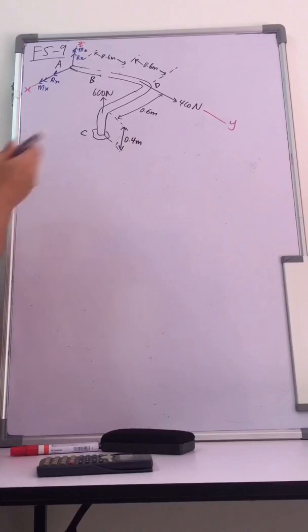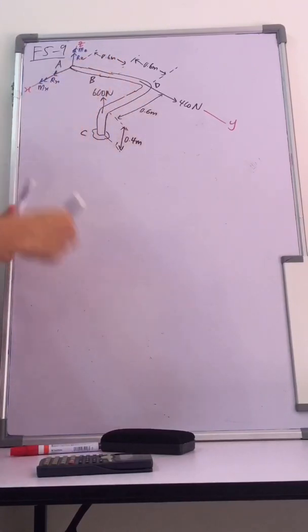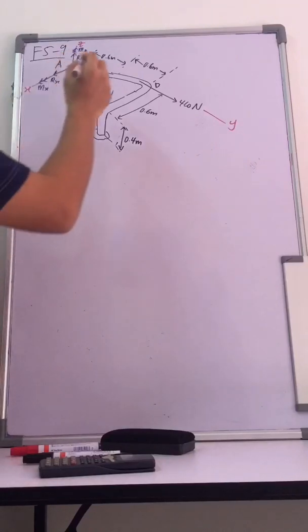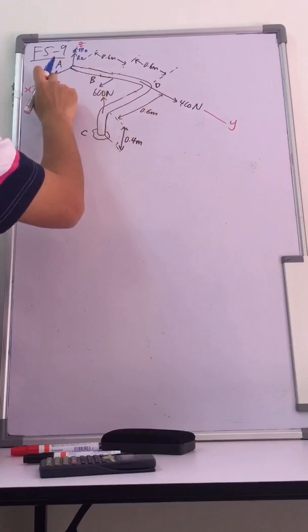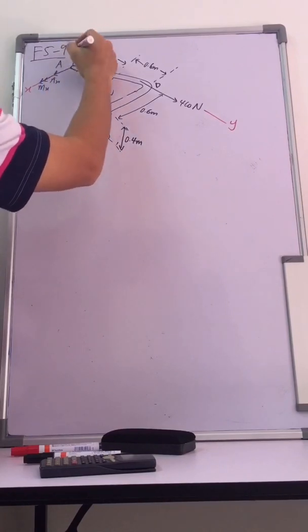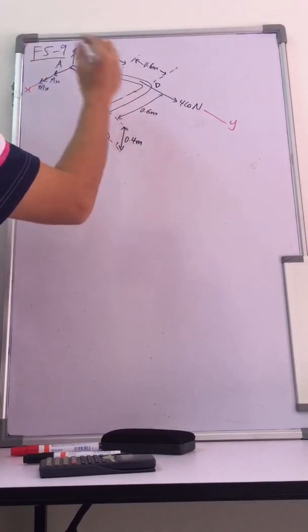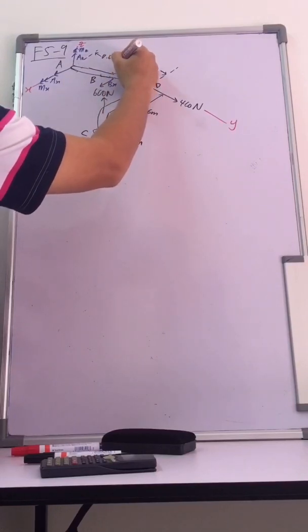So basically at B, you have the, okay. So let's go back. We do it as AX, AZ, okay? So it will be easier. AX and AZ. So here you have BX and BZ.